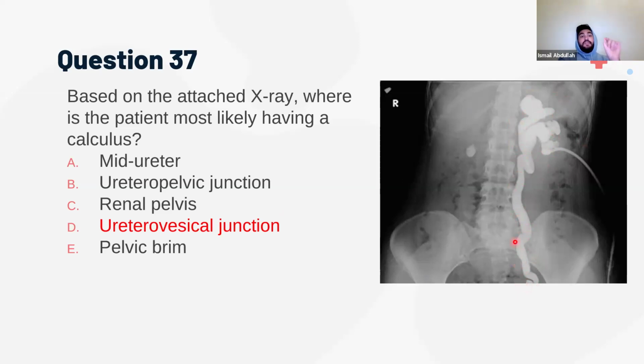If it was the uretropelvic one, you wouldn't see this dilation. The renal pelvis would be dilated, the calyces would be dilated, like you'd see a hydronephrosis kind of presentation. But here you have the entire ureter being dilated.